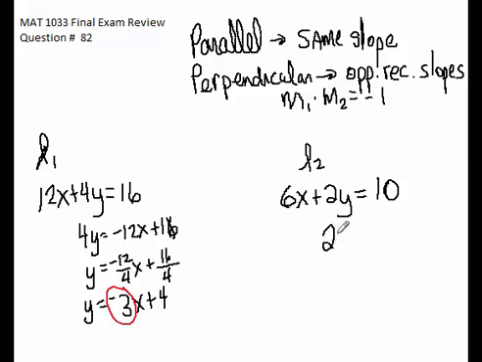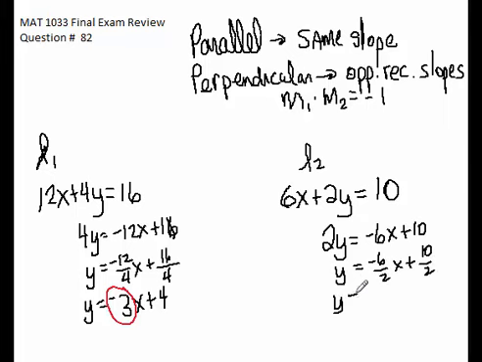I'm going to solve for y. 2y is -6x plus 10. And then y is equal to -6 over 2 x plus 10 over 2. Y is equal to -3x plus 5, and the slope of the second line is -3. If we compare the two slopes, they're identical, so these lines are parallel.